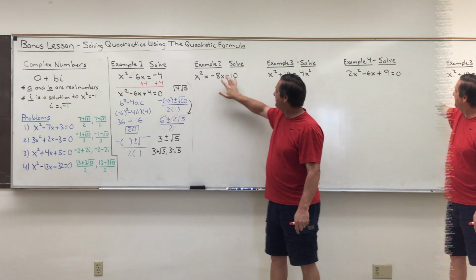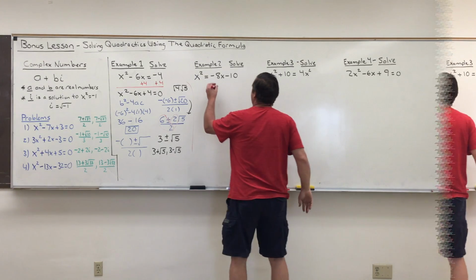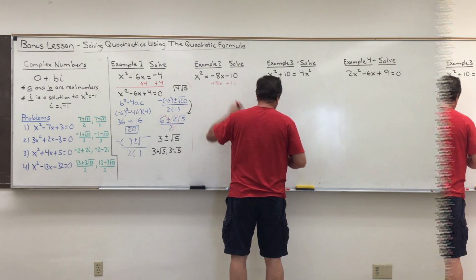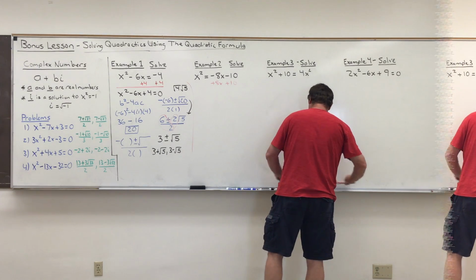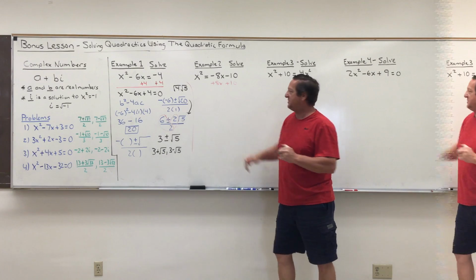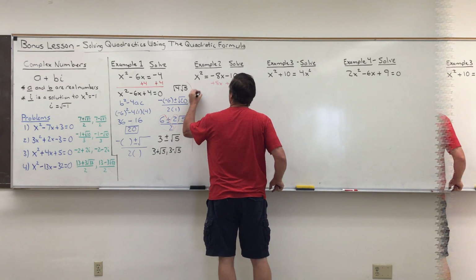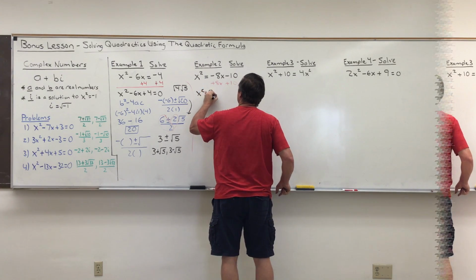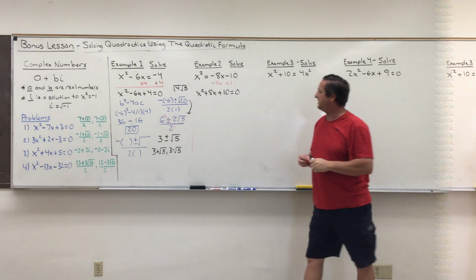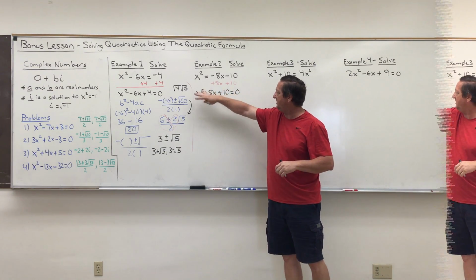So what we're going to do is simply move the negative 8x minus 10 over to the other side. And so we're going to skip some steps, and we get x squared plus 8x plus 10 equals 0. Okay, so we simply added this over to here. Whatever you do here, you do here.